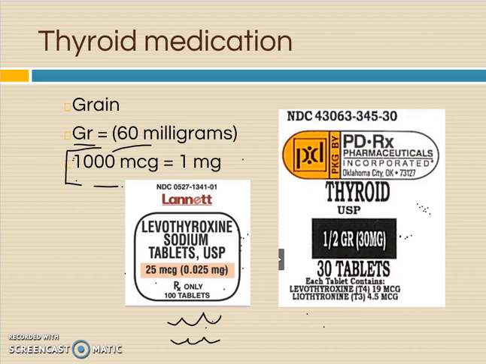So you might be given either one, but I just want you to understand that these are really not the same thing. You can see here that this 1/2 grain of thyroid, or 30 milligrams, is actually 19 micrograms of levothyroxine. So I just didn't want you to be confused by that. These two are not the same.